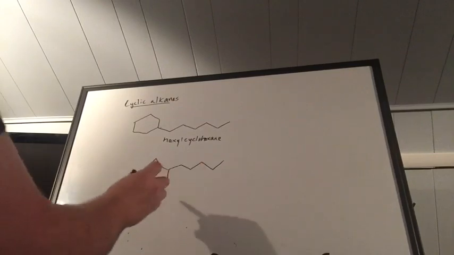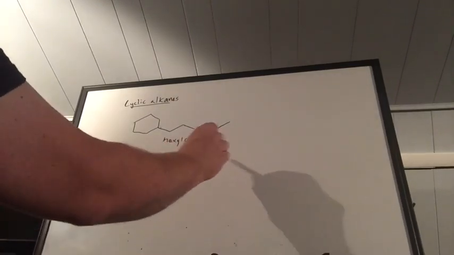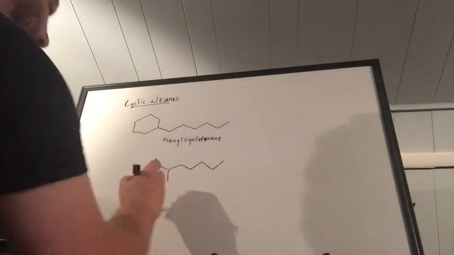Okay. This one's a little bit less straightforward. You have a total of 7 carbon chain hanging off of this cyclopropane. So this would actually be the cyclopropyl group. And where is it going to be? It's going to be at locator number 2 because you have a 7 count chain here.